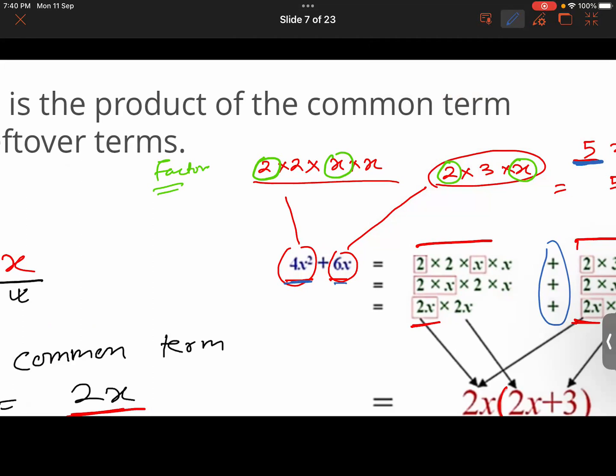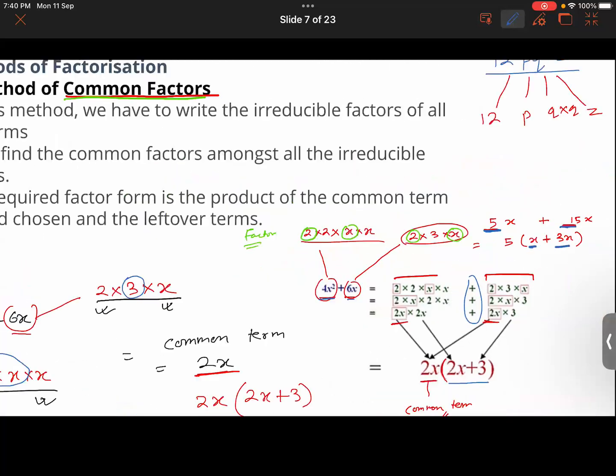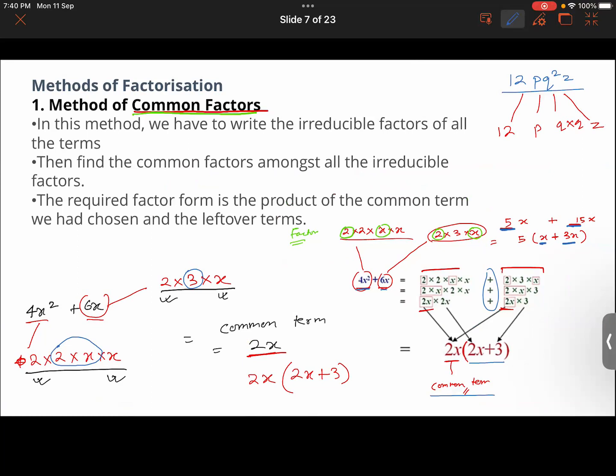So here you have two expressions. They are in addition, and we are being asked to factorize the expression. The first step says take out the common factor. Find the common factor among all the irreducible factors. We have done that, and the common factor in both of them is 2x.